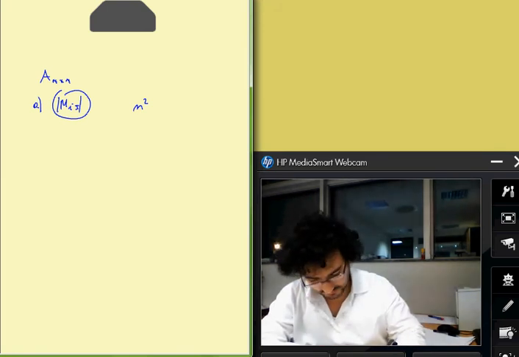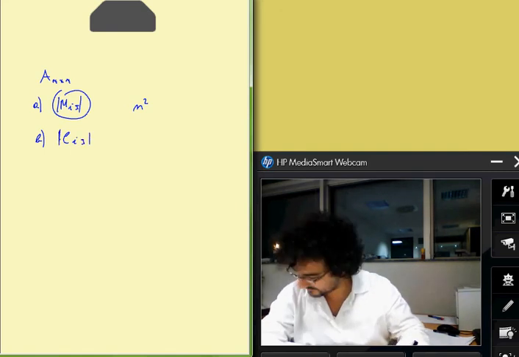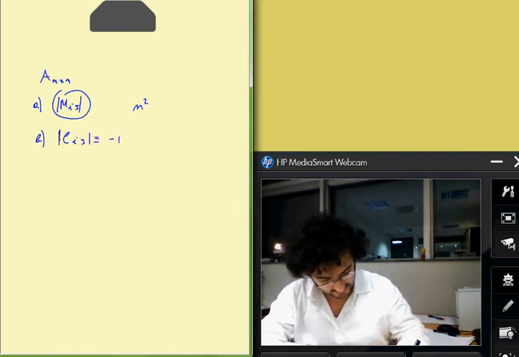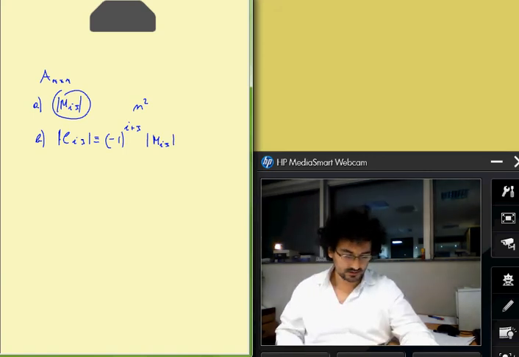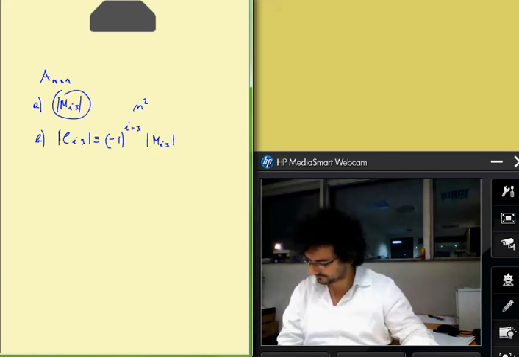The cofactor C_ij is given by minus 1 to the power of i plus j, multiplied by the minor M_ij, and this is the definition of cofactor.